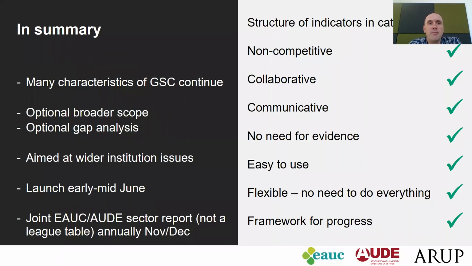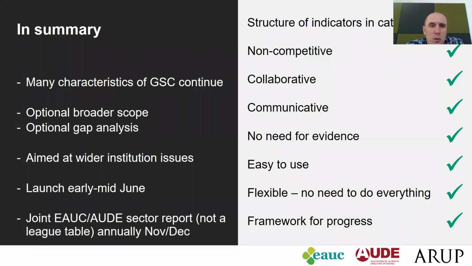So in summary, many of the characteristics of the old Green Scorecard do continue, but they've been merged with the structure and the broader emphasis of the LIFE tool to come up with this very, very broad look at sustainability, but with a very, very accessible web portal. Optional gap analysis should you wish to go for it.